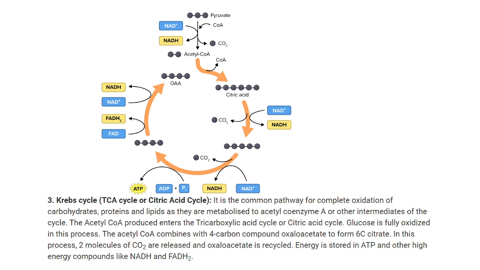The acetyl coenzyme A combines with the 4-carbon compound oxaloacetate to form 6-carbon citrate. In this process, two molecules of CO2 are released and oxaloacetate is recycled. Energy is stored in ATP and other high energy compounds like NADH and FADH2.